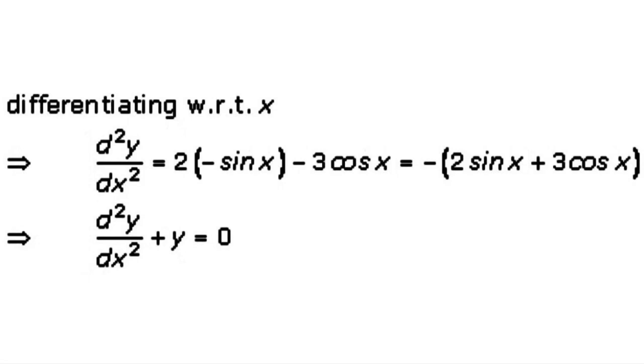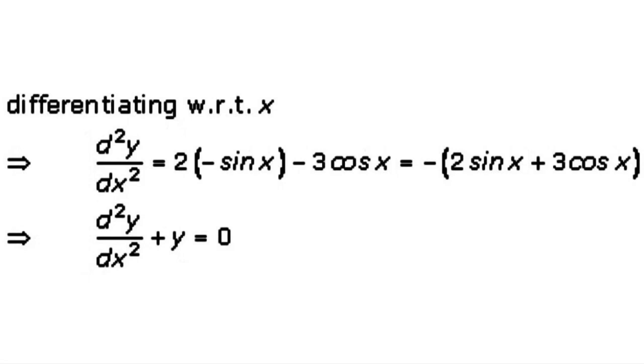Now again we are going to differentiate it with respect to x. So we will get d square y upon dx square, which is equals to 2 into derivative of cos x, which is minus of sin x, minus 3 into the derivative of sin x, which is cos x.